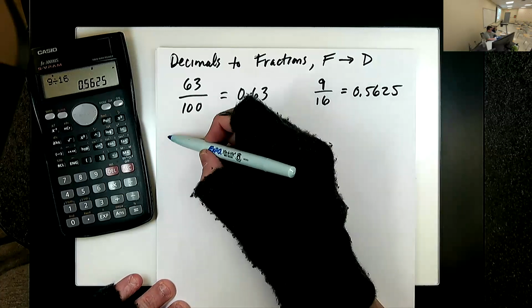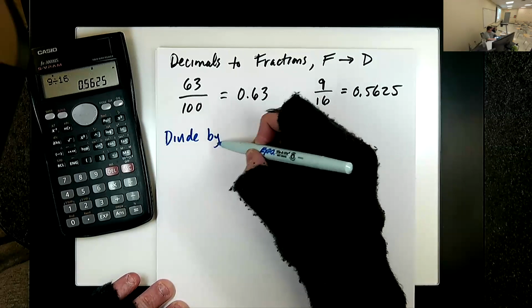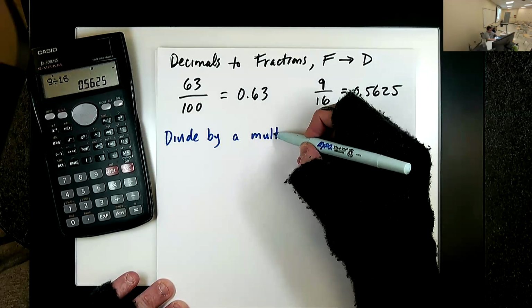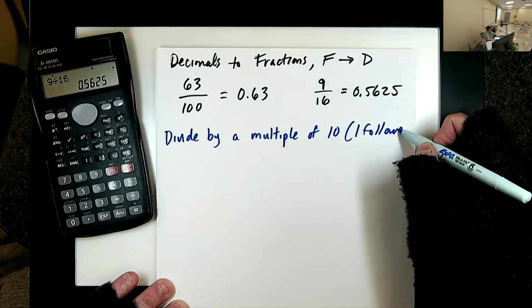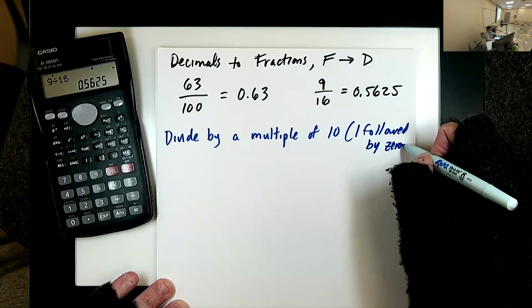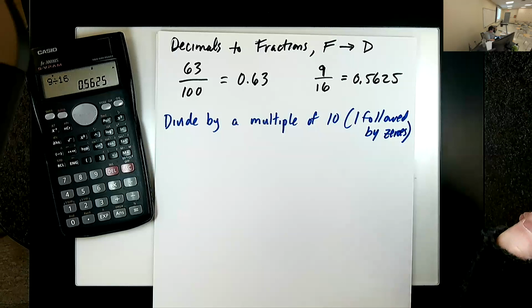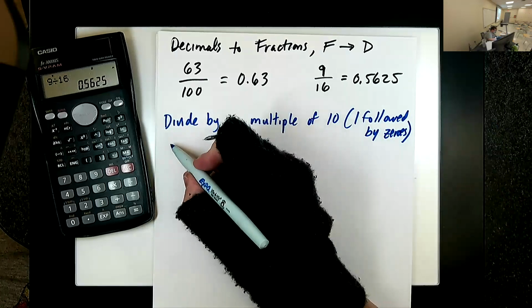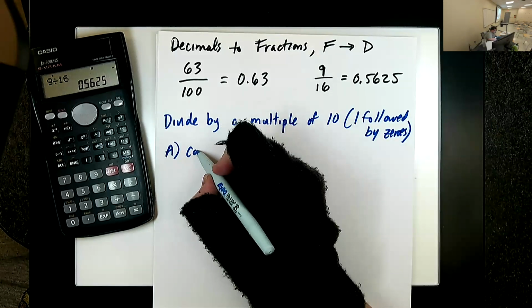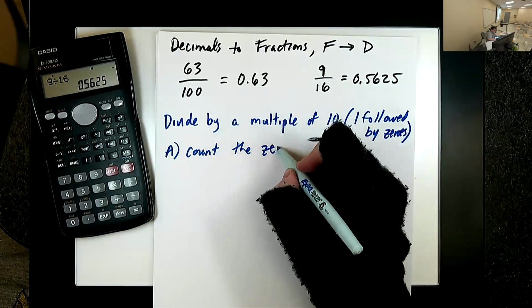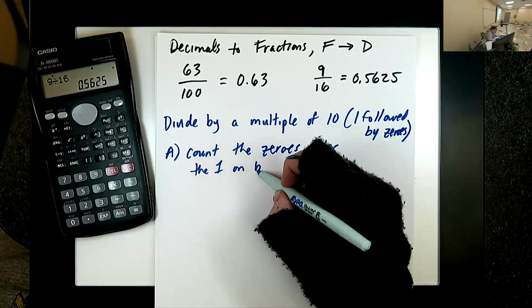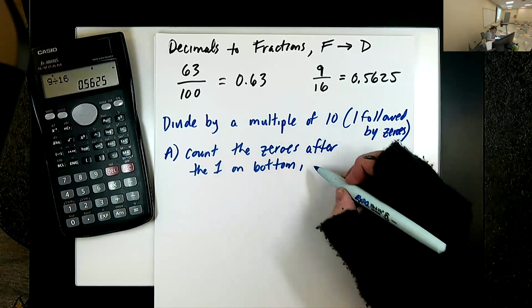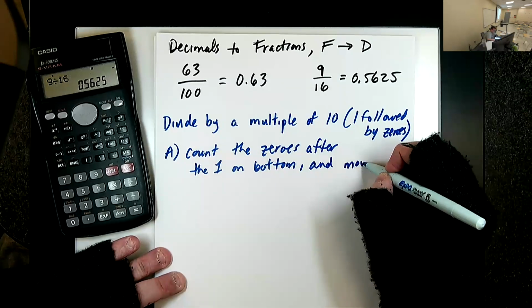When you divide by a multiple of 10, or anything 1 followed by zeros, like I did with the 63, I can count the zeros after the 1 on the bottom and move the decimal left that many times.